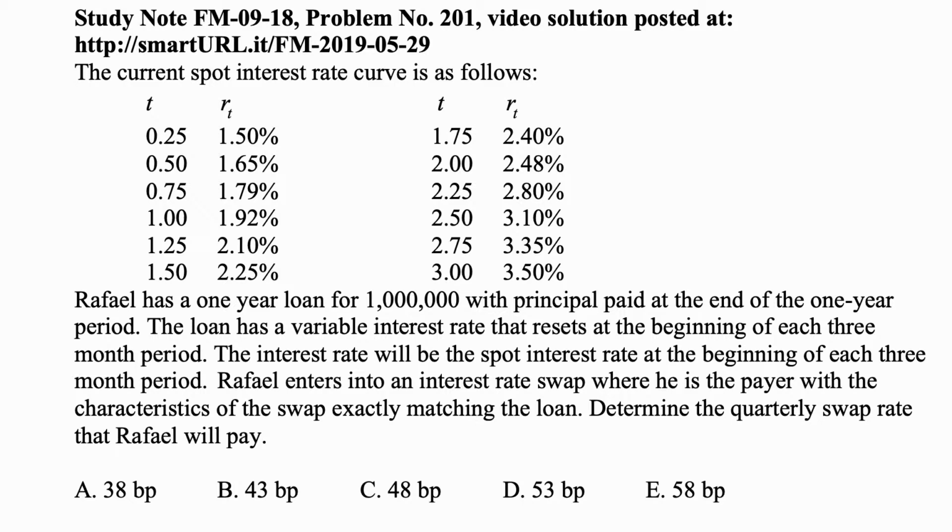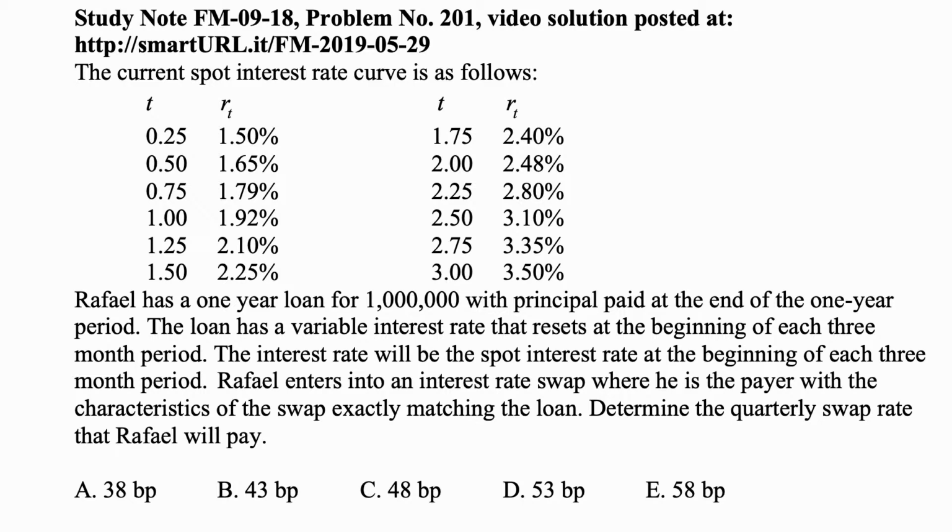Raphael has a 1-year loan for $1 million with principal paid at the end of the 1-year period. The loan has a variable interest rate that resets at the beginning of each 3-month period. The interest rate will be the spot interest rate at the beginning of each 3-month period.